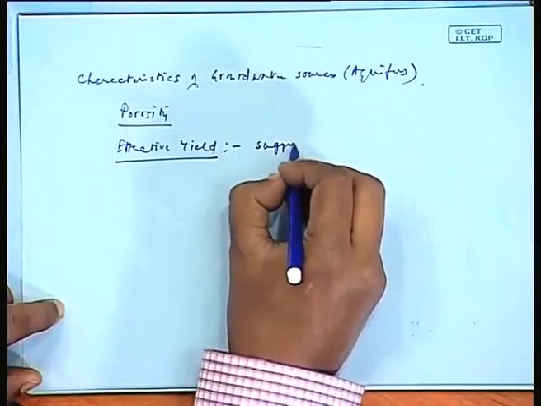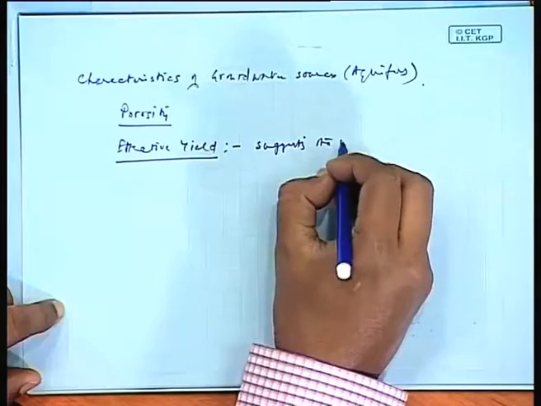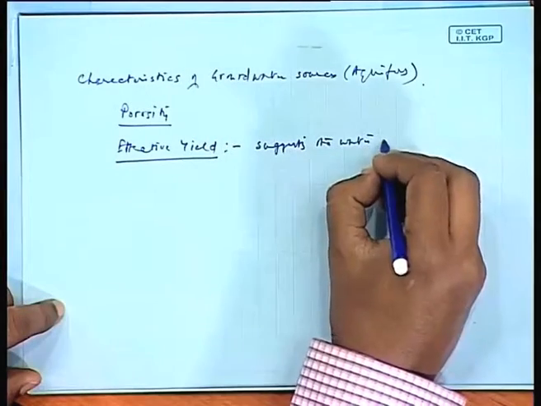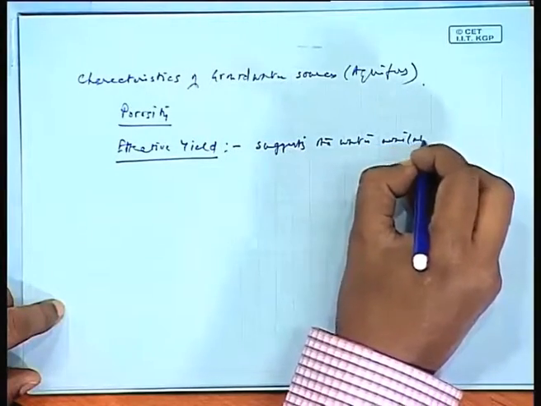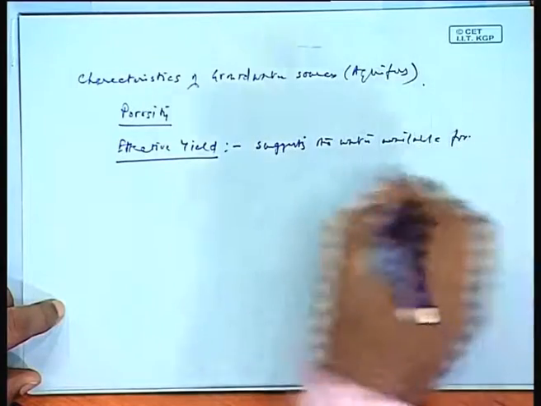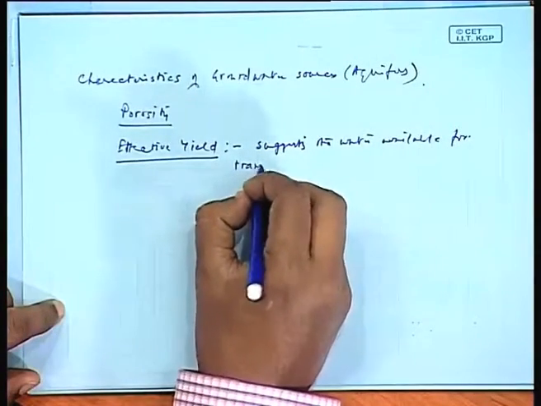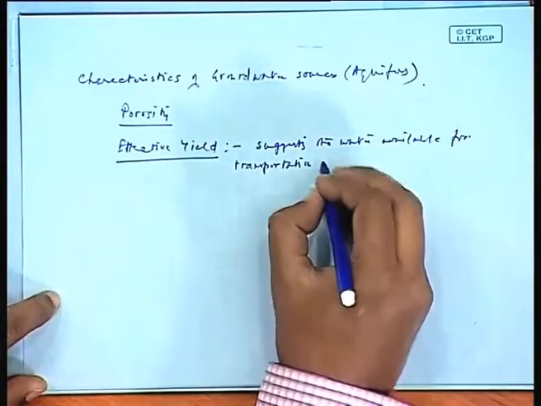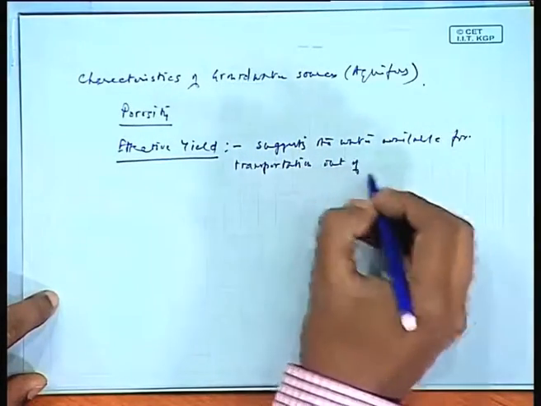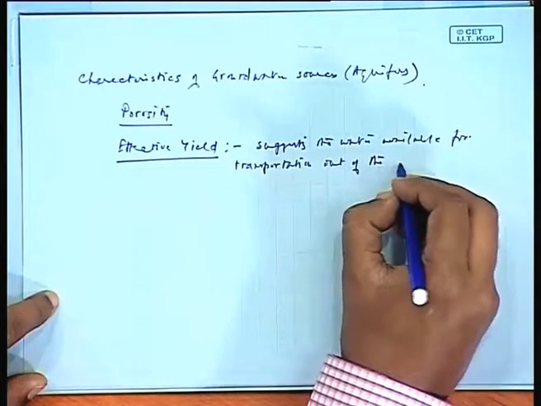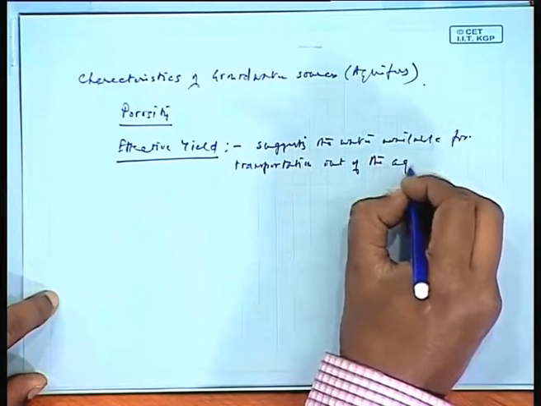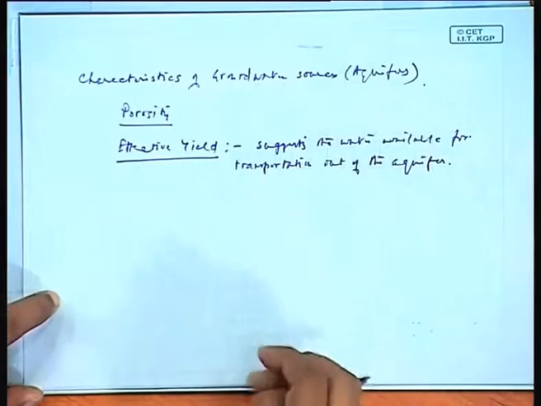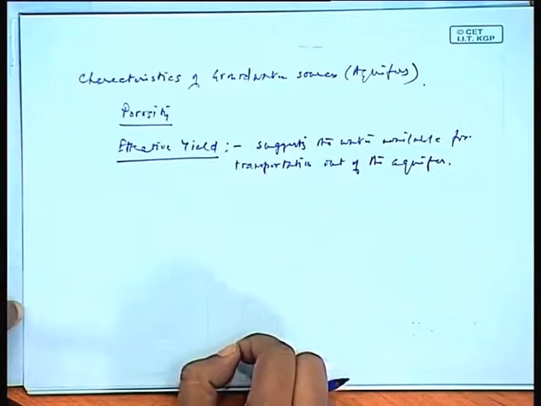The effective yield suggests the water available for transportation out of the aquifer.